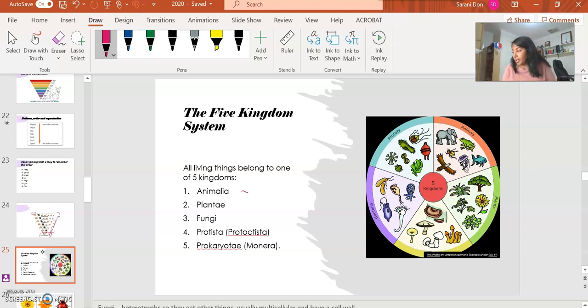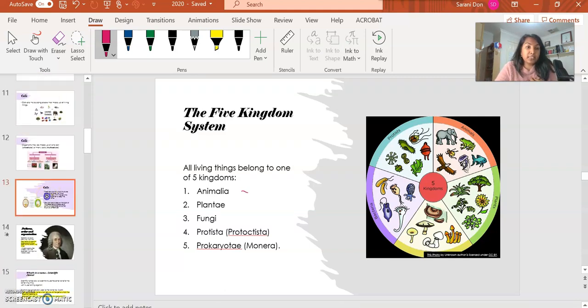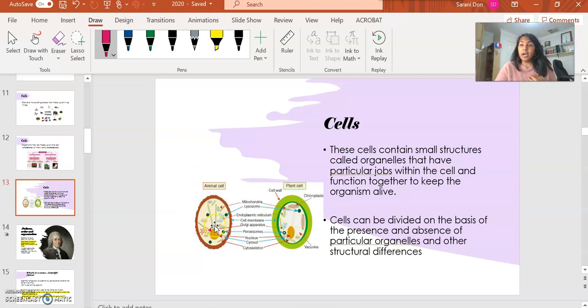They make energy themselves. And these guys can also be unicellular or multicellular. So they can either be just one cell surviving or multiple cells. Another thing about Protista is that it has organelles inside. I think you remember when I went through cells last lesson, where plant and animal cells have all these different compartments on the inside, which help them do certain things.